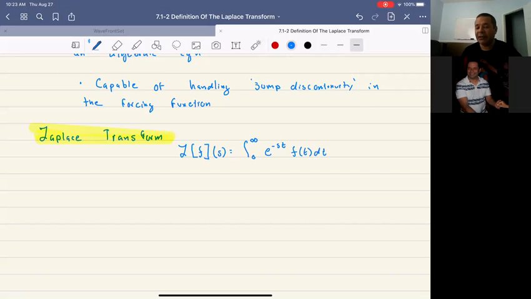Now, typically you're going to need at least that s is greater than 0 before we have any hope of this converging.